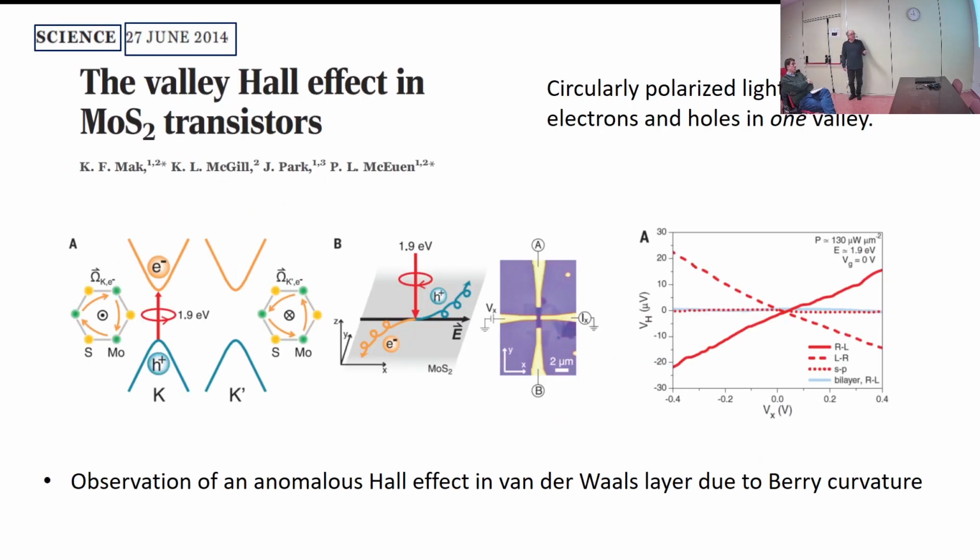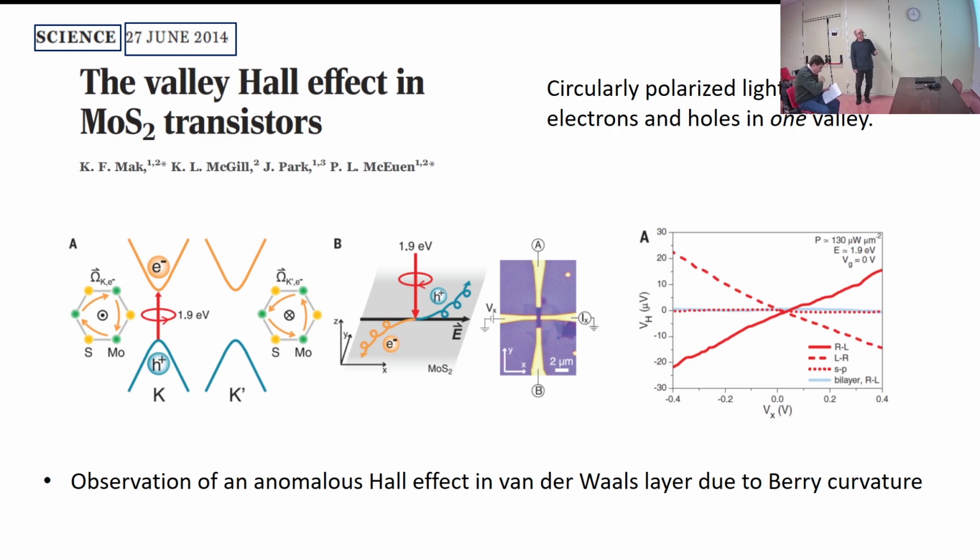Now, just to really convince you it's real, in case you didn't think it was. So this is a nice experiment, or one I think is very nice, from Paul McEuen's lab, where they very directly showed the Hall effect coming from Berry curvature. And the way they did this is by shining circularly polarized light on a TMD material. It's MoS2.